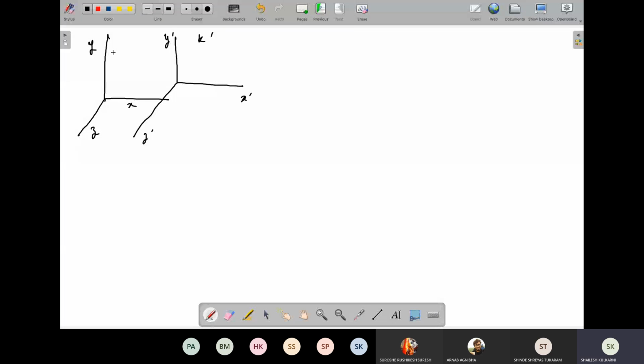The origin of K prime coincides with the origin of K, and all the axes are parallel to each other. I'm giving a velocity v to this frame in the x direction. Now what is the form of transformation which takes me from this frame to this frame? That is what we need to find out.